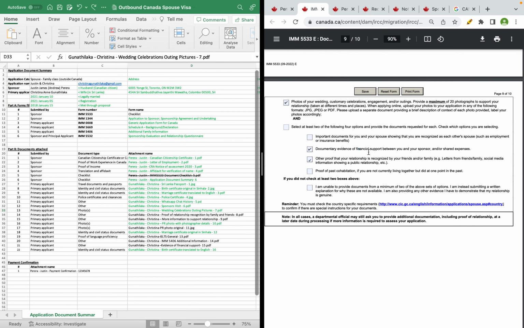Document evidence of financial support between you and your sponsor. In my case, after getting married, before my spouse left, we created a joint account in a bank, and on a monthly basis he sent an amount for my basic expenses and I would use it.